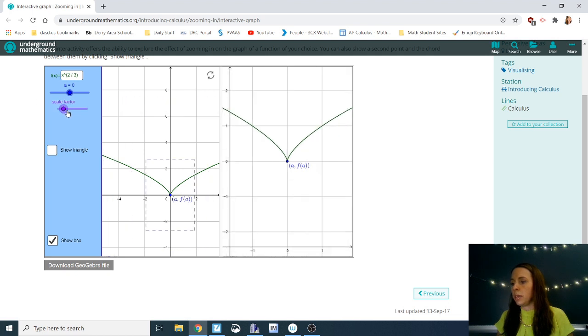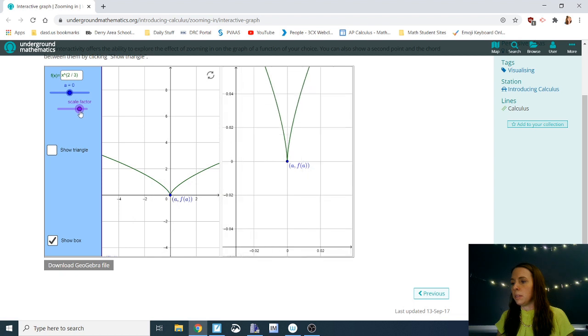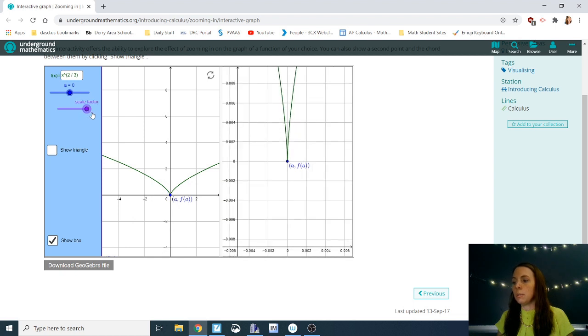Zoom in, zoom in, zoom in. Notice that I'm zooming in pretty far. That's as far as I can go on this little tool. And what you're not seeing that we saw in the last one is a line. You're not seeing a line, right? You're kind of seeing two lines here, or they're still a little bit curved.